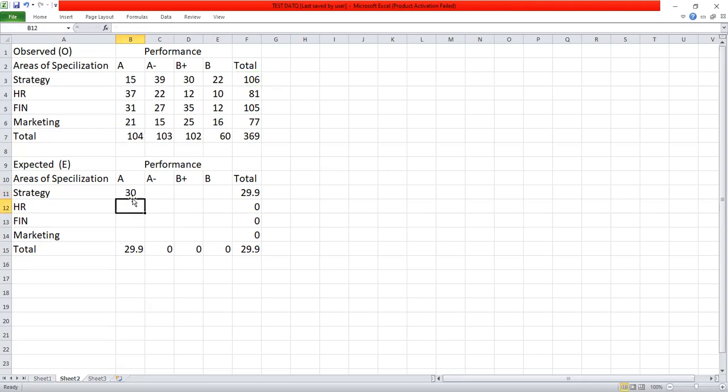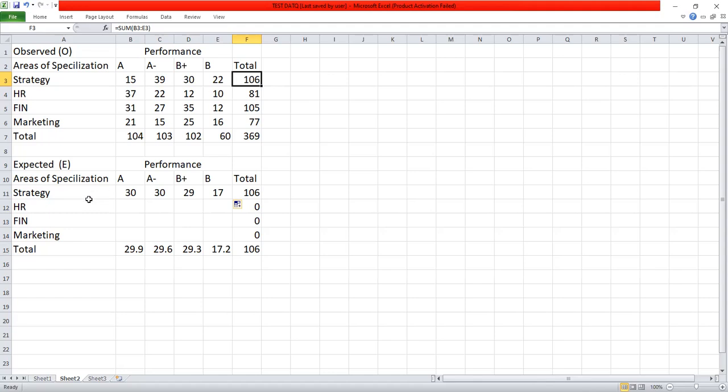So I can now get the expected for all of these. This one here is this one, this one here is this one, this one here is this one. But critically, these totals must be the same as that one. Am I clear, please?